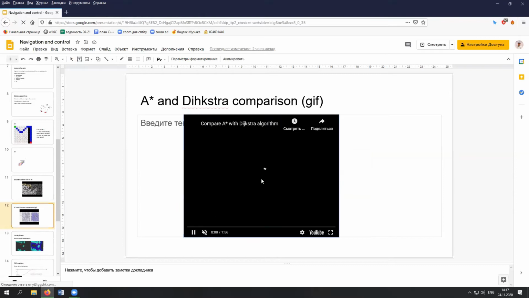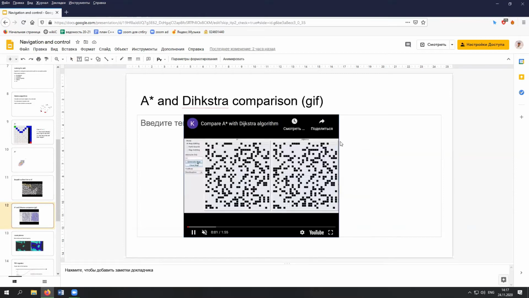And once again, the comparison of A star and Dijkstra on random mazes. Here we have A star, here we have Dijkstra. Once again, we can find mazes where Dijkstra will always win or where A star will always win.